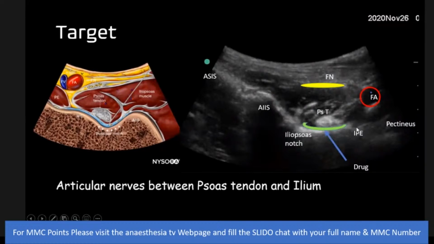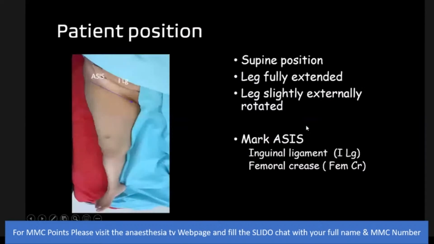This is the iliopubic notch, iliopsoas notch, femoral artery, femoral nerve. This is the psoas tendon. This is the iliacus muscle. This is the psoas muscle, and this part is the psoas tendon. And this is the point where we intend to deposit our drug.